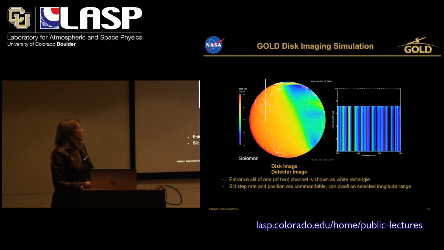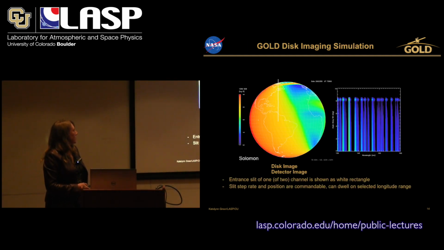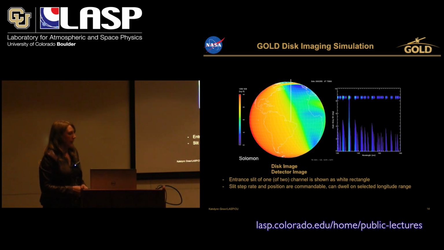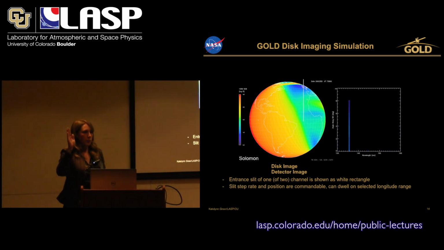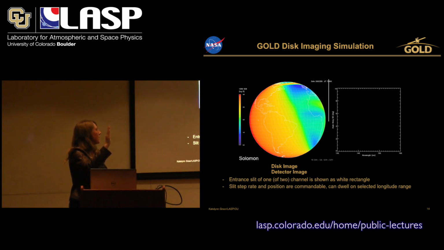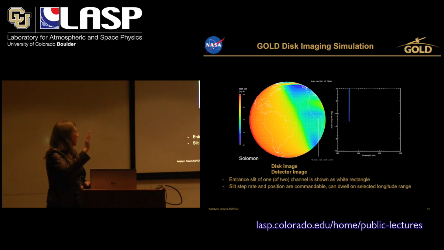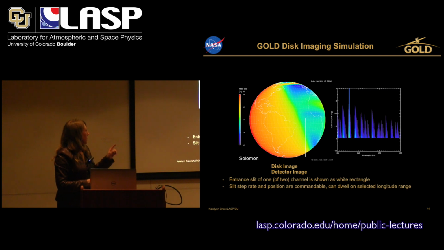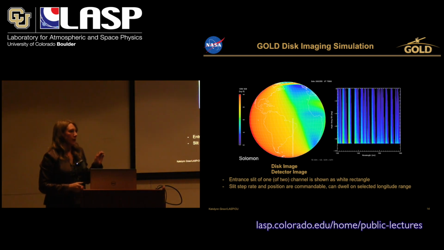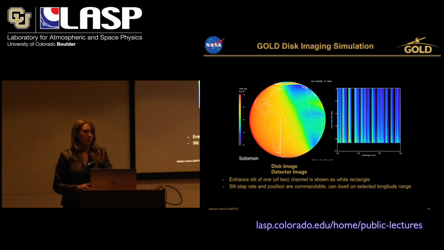The way that GOLD scans the disk is that there is a slit that moves across the disk, just like being shown on the left-hand side of this animation. This slit is fully commandable, and its step rate is also fully commandable.